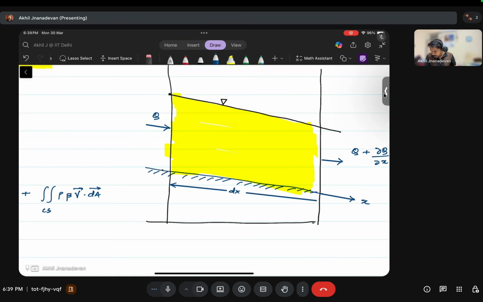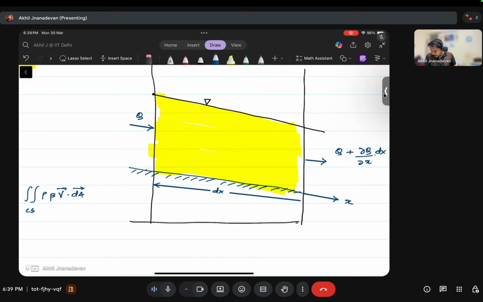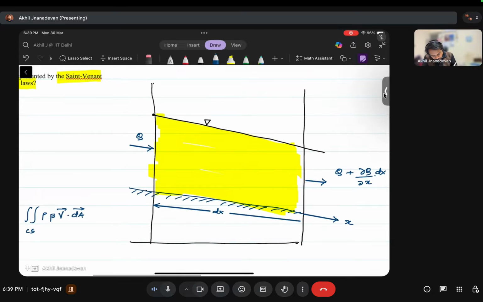Say this vertical is called the y direction, and this head is the datum head, followed by a velocity head, which will be equal to v square by 2g. This will be the HGL, that is the hydraulic gradient line, right?